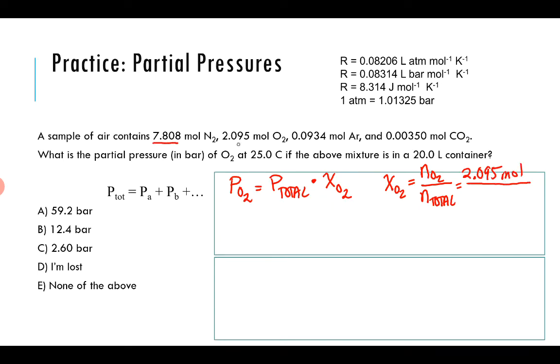To get my total moles, I add up all of these different mole amounts. And so we have 7.808 plus 2.095 plus 0.0934 plus 0.00350. Let me make sure I typed that into my calculator right.